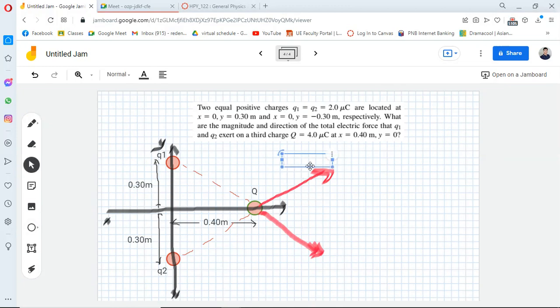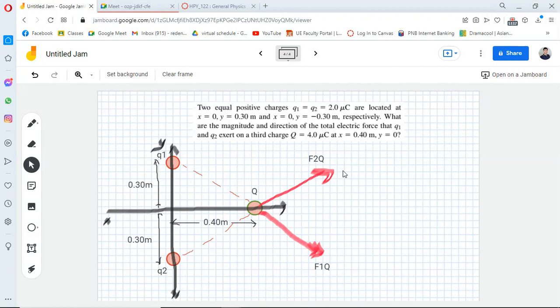This force is what? F2Q. How about the other one? This is F1Q because that is the force of 1 on Q or the force on Q due to 1, and this is the force on Q due to 2.